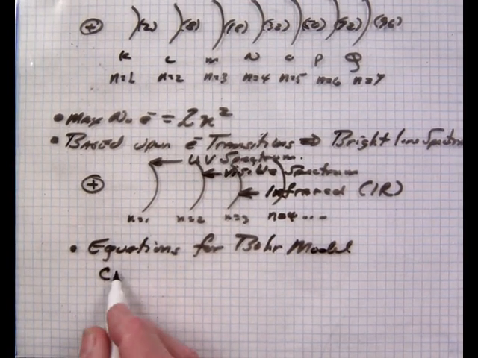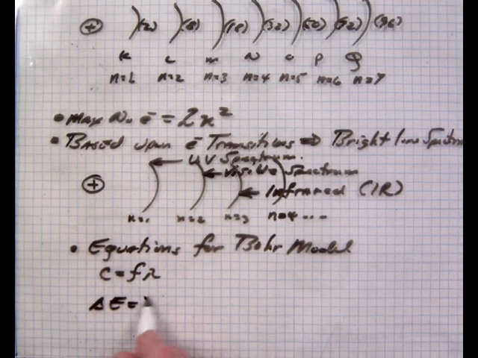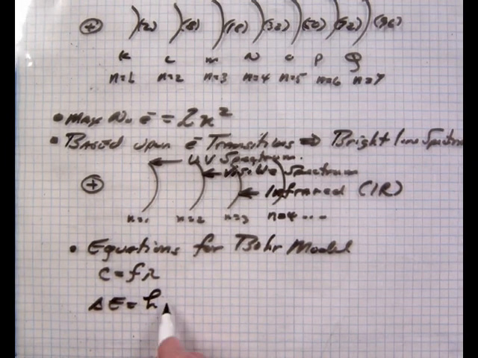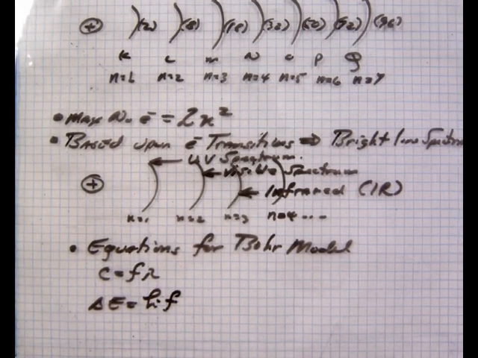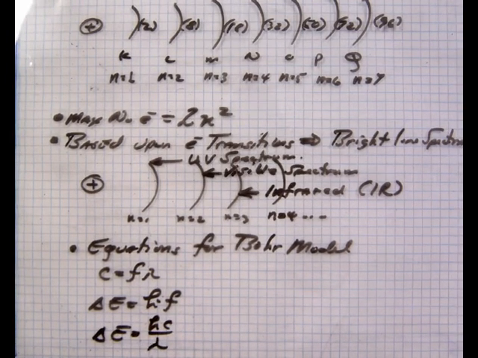The first one was c equals frequency times wavelength, and then delta E is equal to Planck's constant times the frequency, and if we combine these two simultaneously, we get the equation hc over lambda. Now these are what we call wave variable equations, and so when you see the red light, you can get the wavelength and plug it into these formulas and calculate certain parameters.